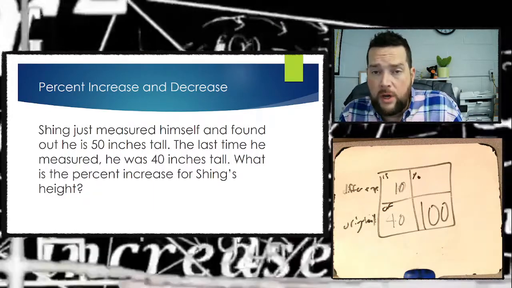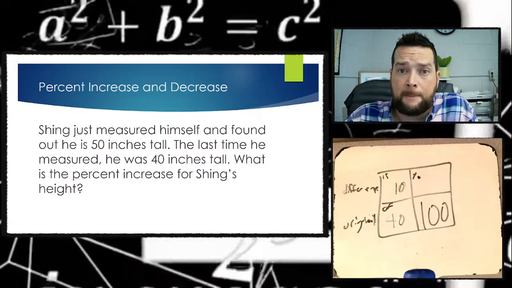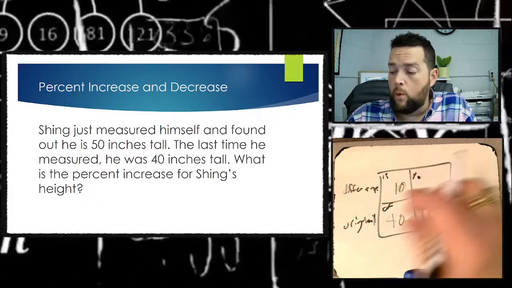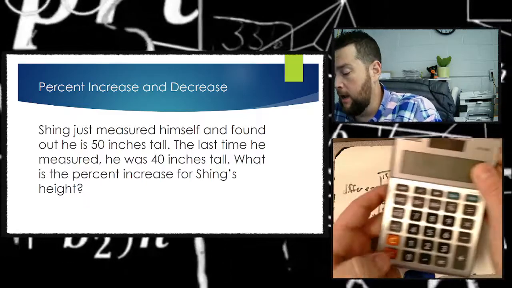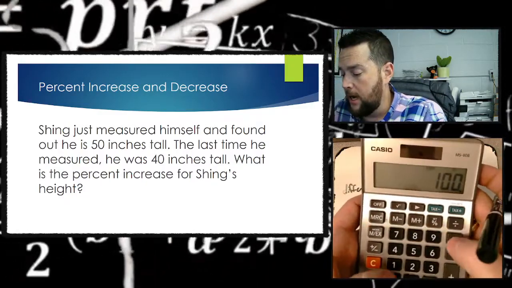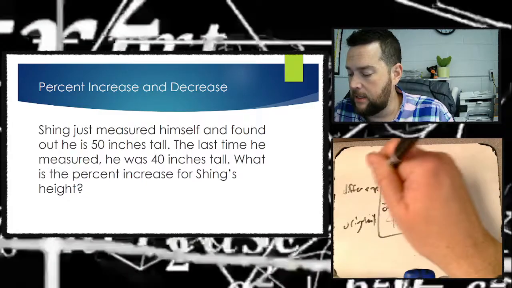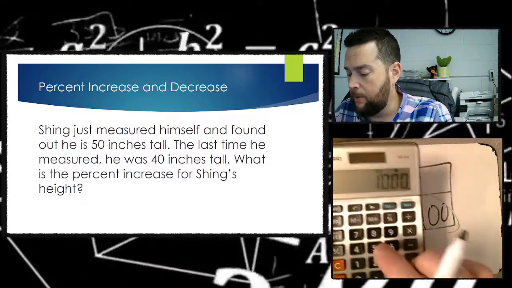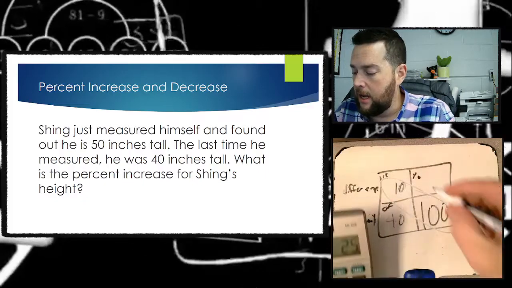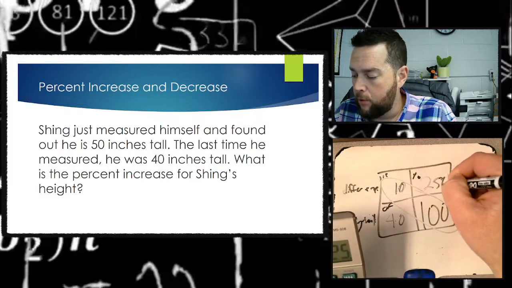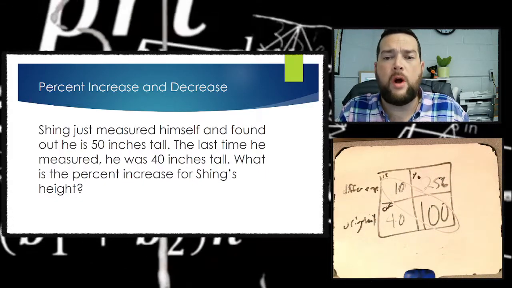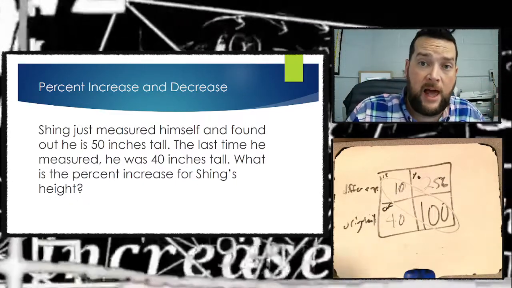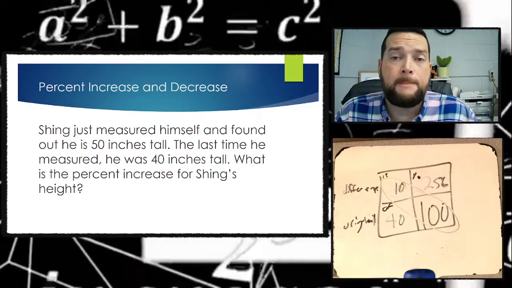So the original amount is 40. Now we've got them filled in, we can cross multiply and divide. So all you have to do is 100 times 10, because those are the two numbers multiplied diagonally. And then we divide by 40, and we get 25%. So he has a 25% increase in height from last year to this year.